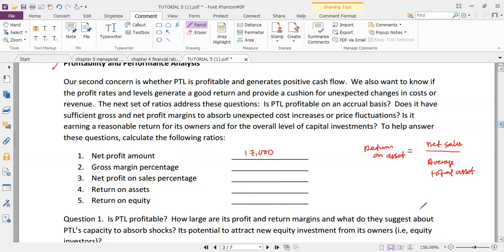Okay, macam mana nak cari average total asset? Kita dah ada net sales juga. Betul lah, net income. Okay, net sales kita 2,669,484, right? Okay, macam mana nak kira average total asset?